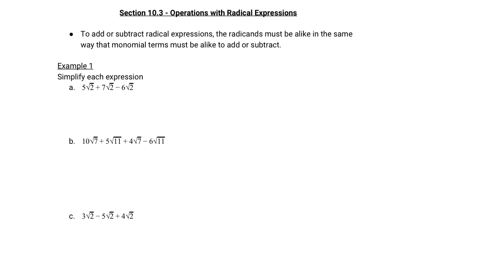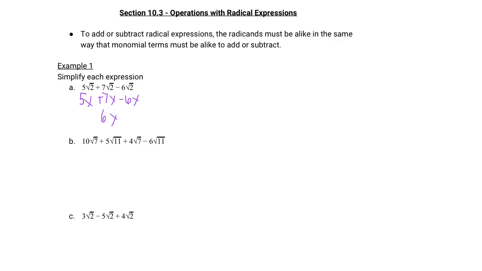In example 1 here, we're going to pretend that each radical kind of acts like a variable. If this were 5x plus 7x minus 6x, we would just add all the coefficients in front together. 5 plus 7 is 12, minus 6 is 6x.